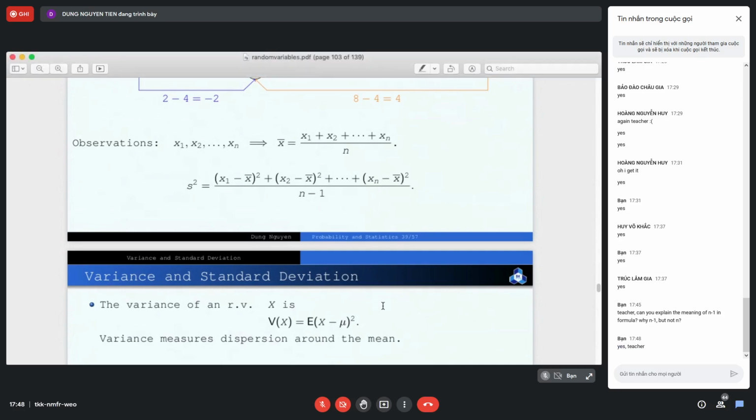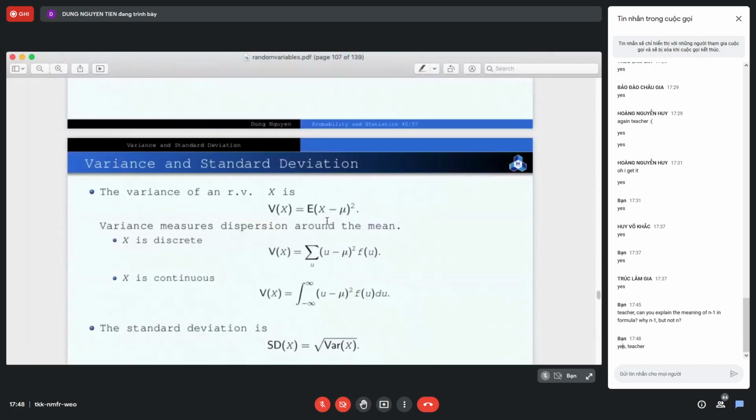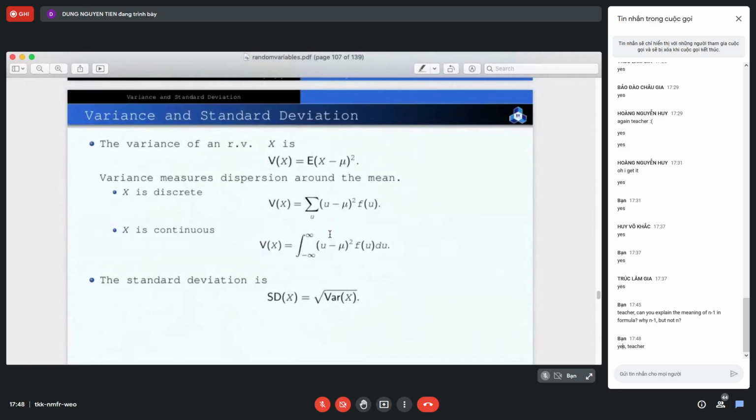Here you have the formula for the variance. Sometimes I use V, sometimes I use VAR. They are all the same.